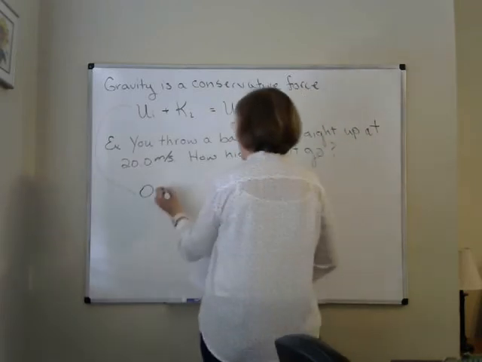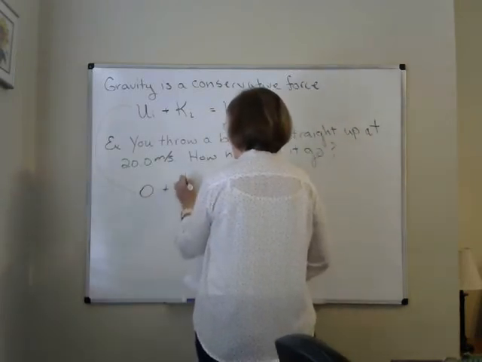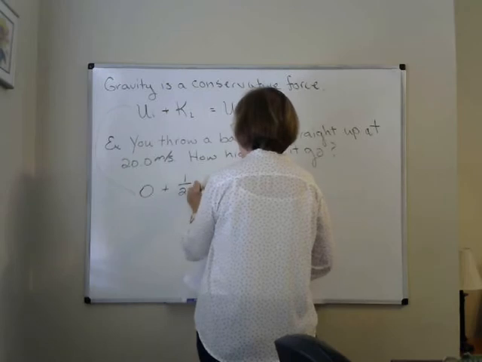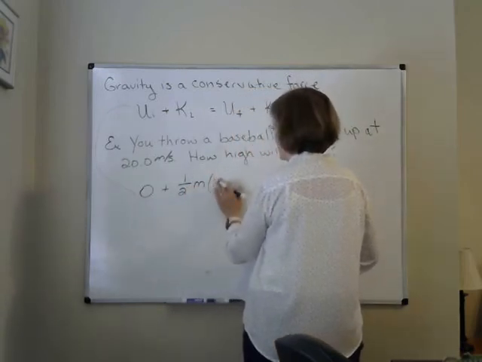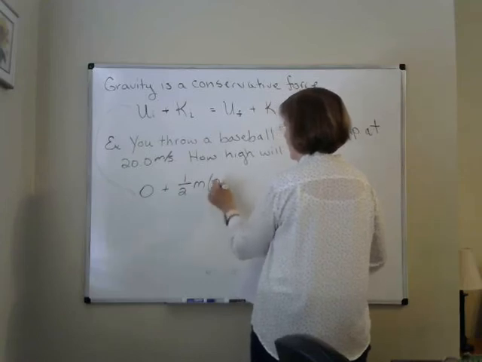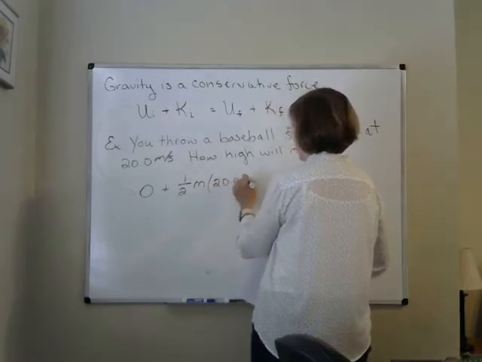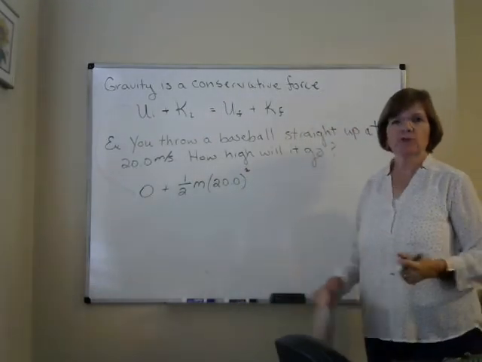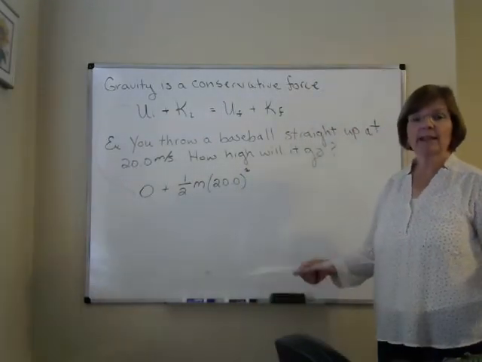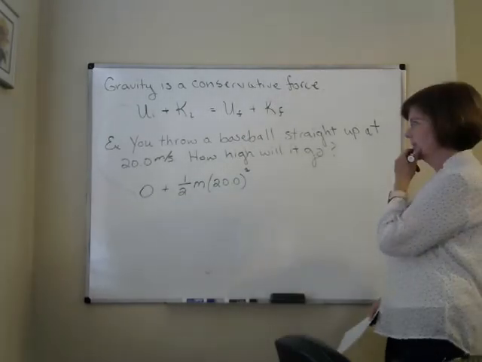It's going to have kinetic energy equal to 1/2 mv squared. Whoops, not 15, it's going 20 meters per second. And you may go, oh my gosh, Miss Hughes, we don't know the mass. That's true. I actually do know the mass of a baseball, but we're not going to need it, because look over here.